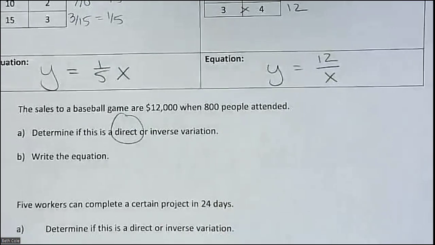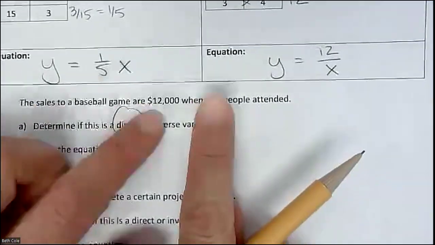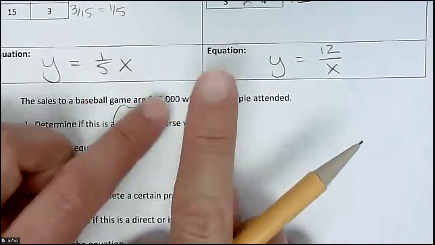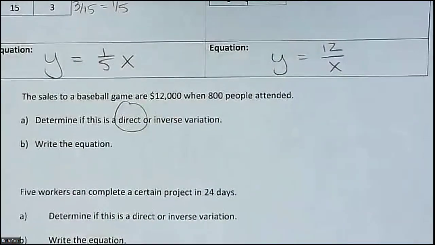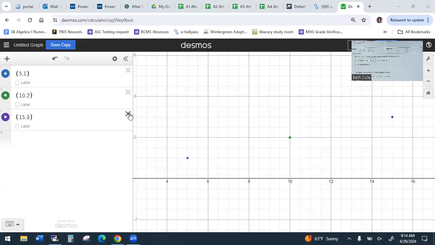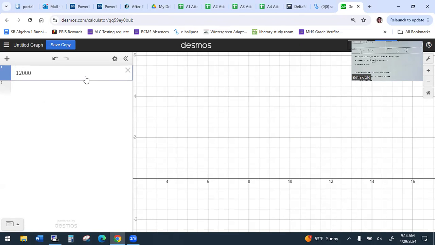Now, how could you find the K value? Let your instincts kick in. If this is how much money they made, and that's how many people went, what do you want to do with those two numbers to get your K value? Divide them. You're correct. You're going to take 12,000 divided by 800. Do you see what I'm saying?